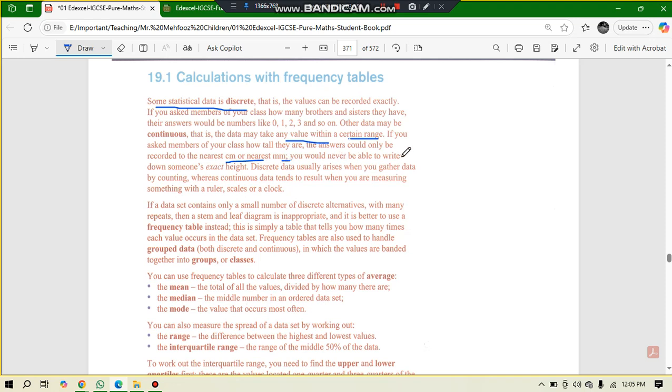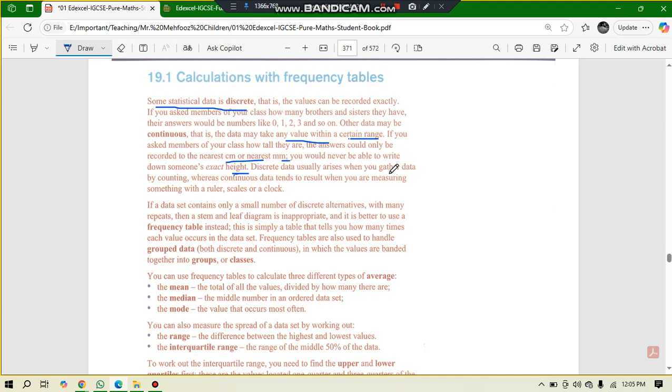So you would never be able to write down someone's exact height. How? Because exact height would be 1, 2, 3, 4, but some of the heights are 2.41, 3.124. So these are heights which are not exact. You would never be able to write down someone's exact height.